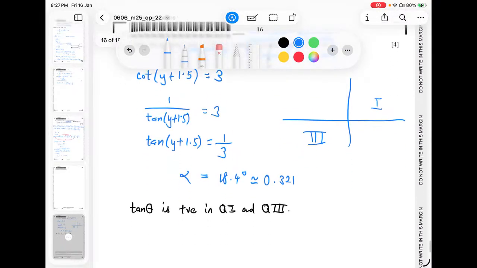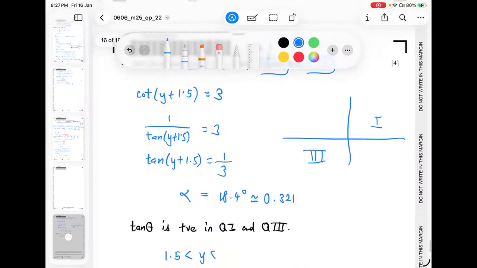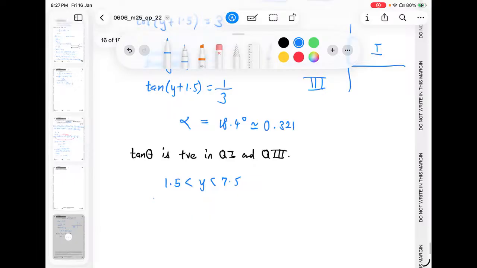That should give you the range. The corrected domain will be 1.5 and then 7.5. So therefore, y plus 1.5 will be... Sorry, 1 second, I'll just correct this part. Okay, this should be y plus 1.5.